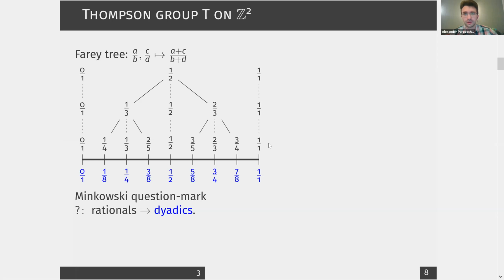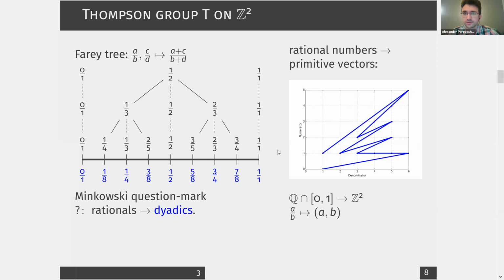So doing this indefinitely for each pair of neighbor fractions, we obtain all possible rational numbers, and we match them to all possible dyadic numbers. So we get the Minkowski question mark function. In fact, this operation of adding fractions is much more natural in terms of vectors.